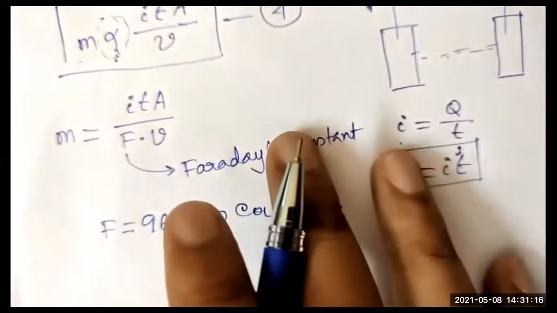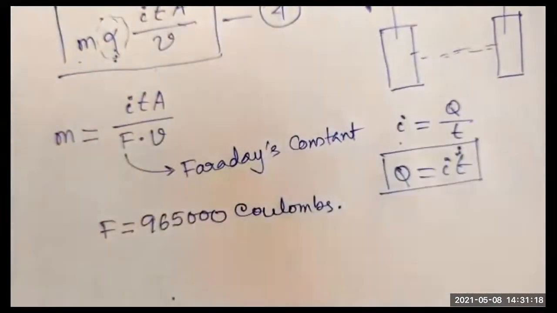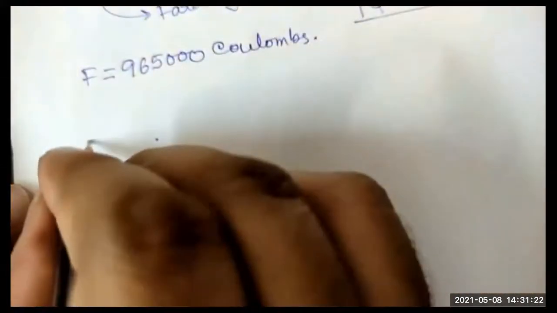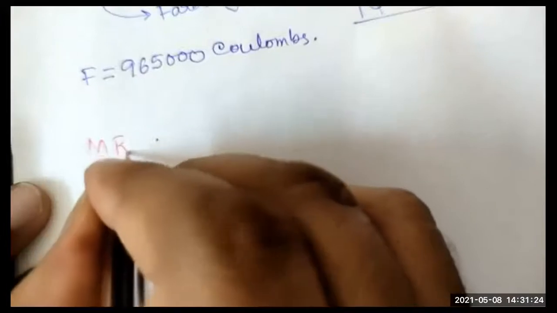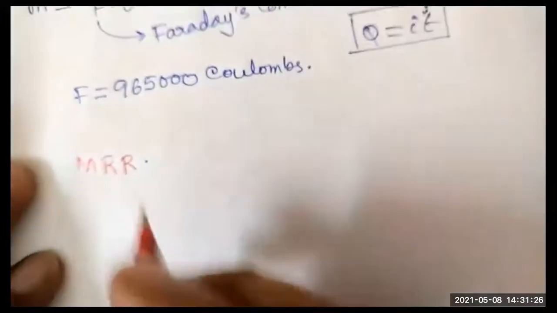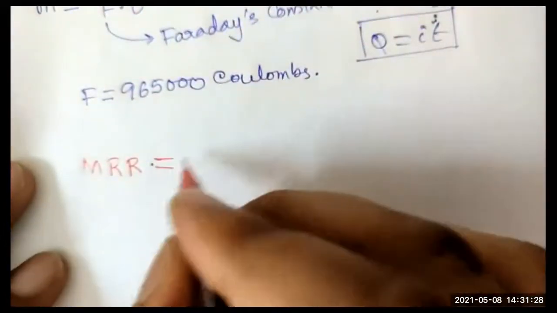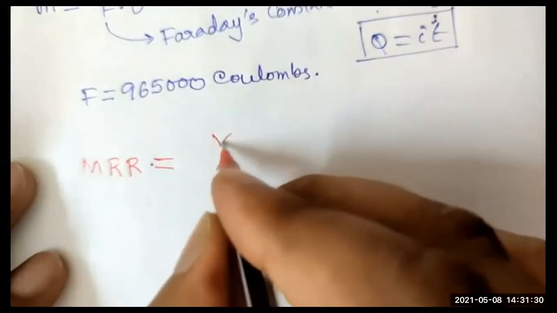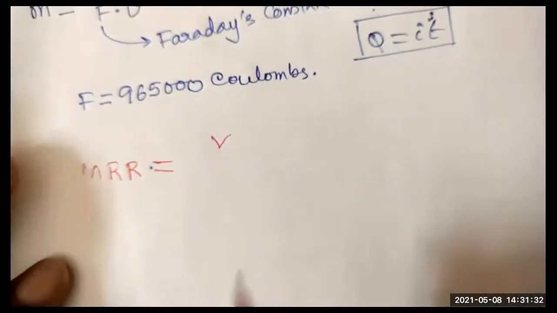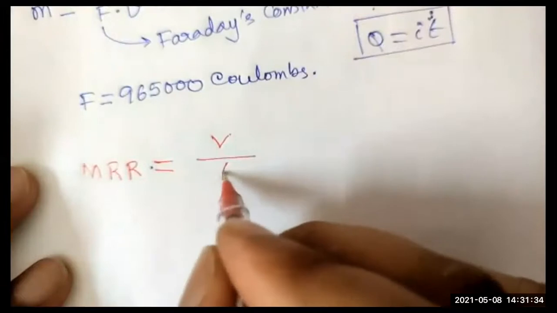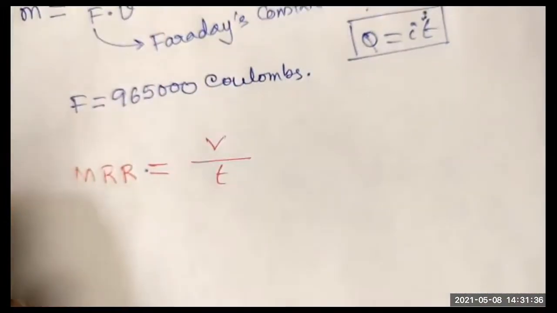So I'll write here once again that MRR is equal to the volume of material which will be removed divided by time, V by T.